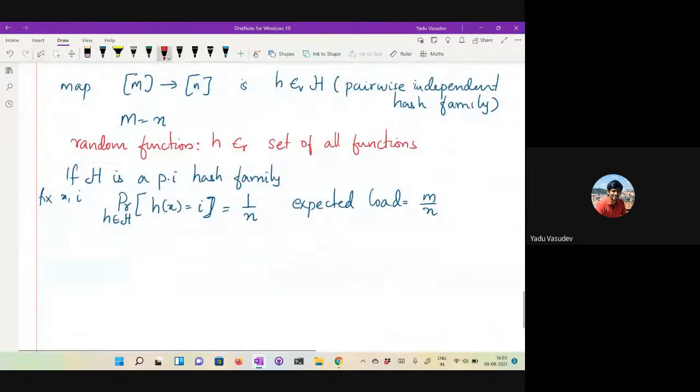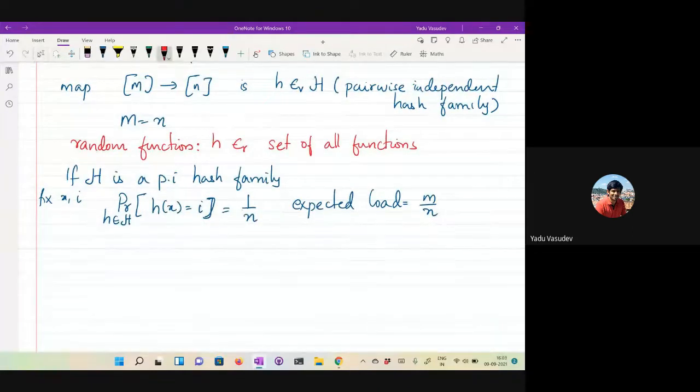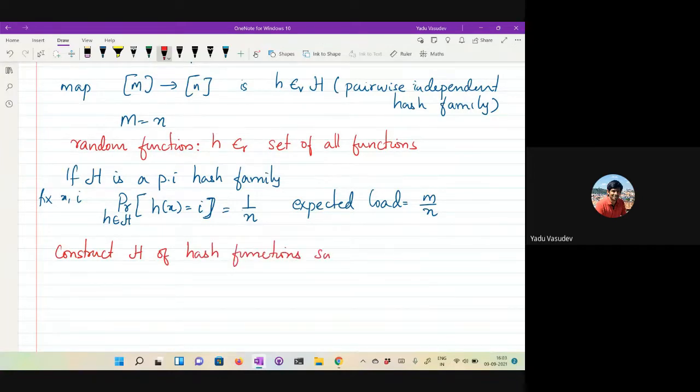Can you construct a set family H of hash functions, other than pairwise, a very simple family, such that the probability that when you sample h from H, h of x is equal to i is 1 over n, for every x and i?